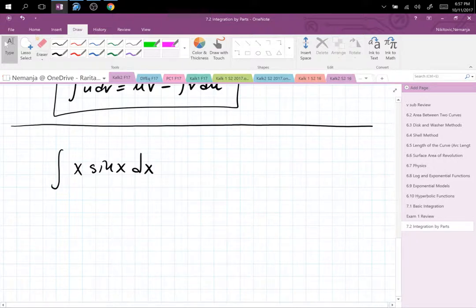All right, so what I need to pick is u and dv, and I need to compute du and v. So I need to pick u dv.